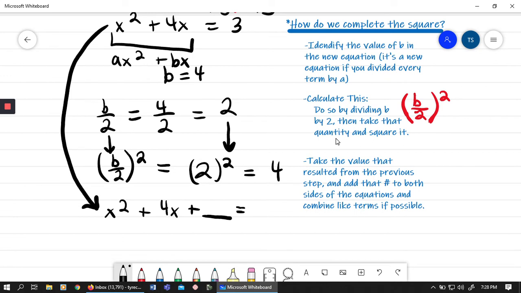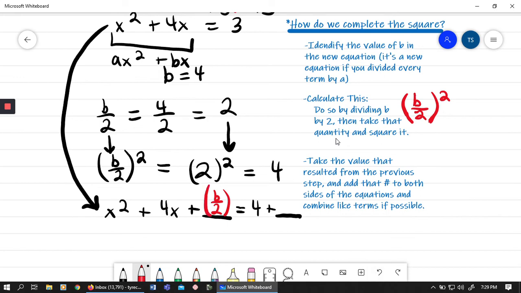So I'm putting a little plus, and you can imagine it here. We've got to add that value to both sides of the equation. Remember, that value is the result we just got from calculating b divided by 2, squared.